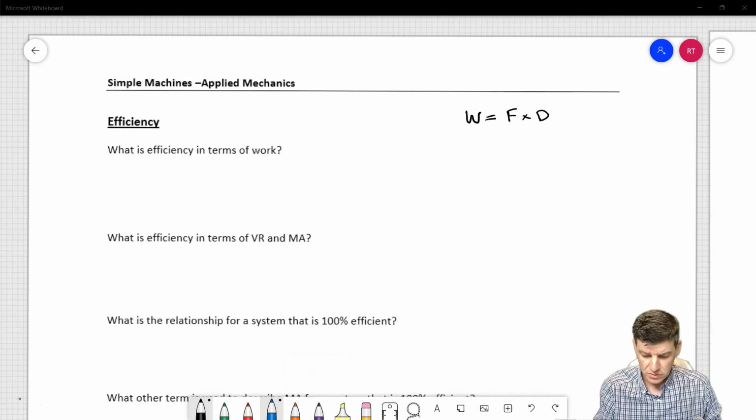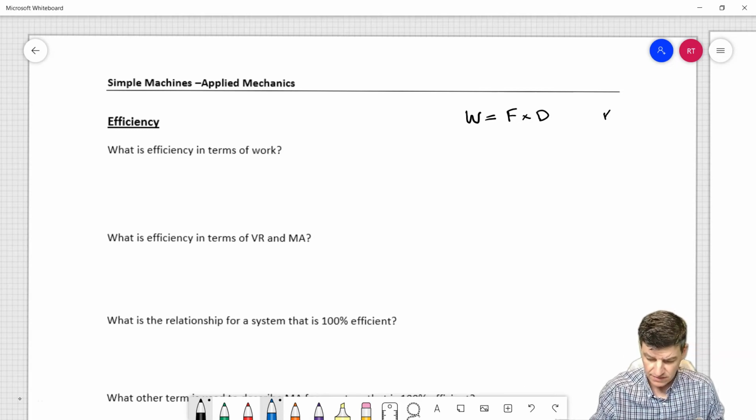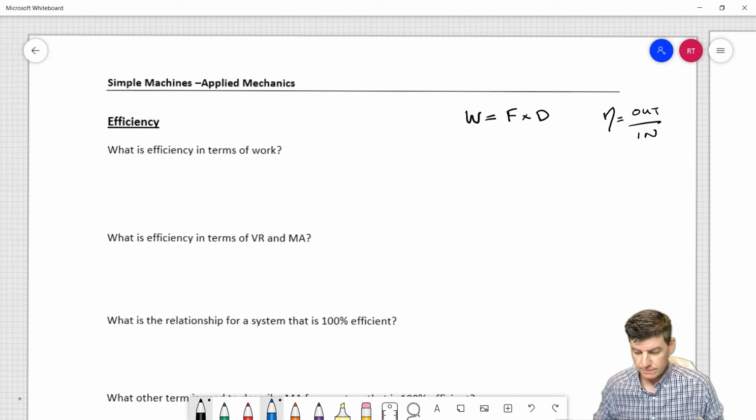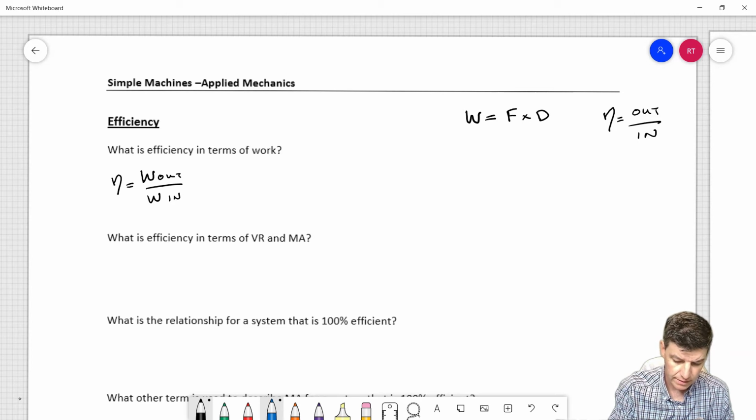So when we talk about efficiency, we also have the idea that efficiency is really what do we get out compared to what did we put in. So if we talk about efficiency in terms of work, what we might say is our efficiency is equal to work out compared to work in.